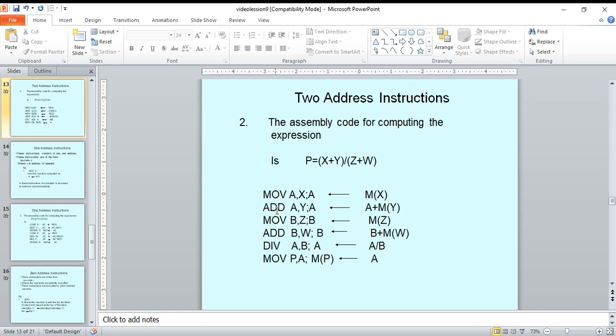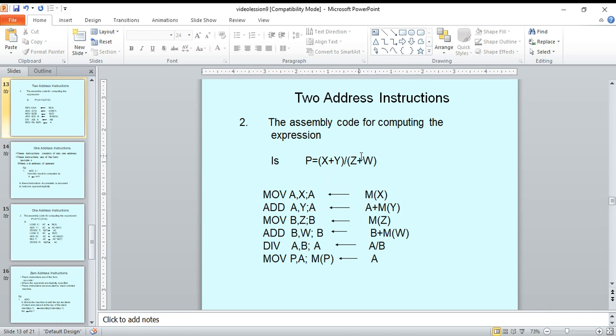Then after that, ADD A comma Y. Here A holds the data itself, not the memory location, and Y holds the address, meaning the place where we can access the data. So we can add A plus M of Y. M of Y is the corresponding memory location where we get the data and perform the addition operation, and finally the result was placed into the A register.